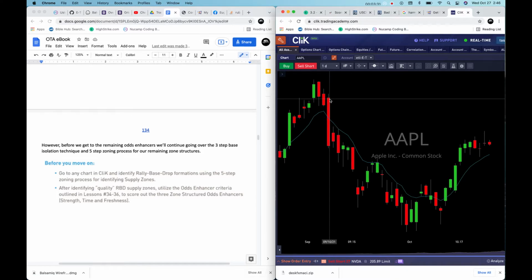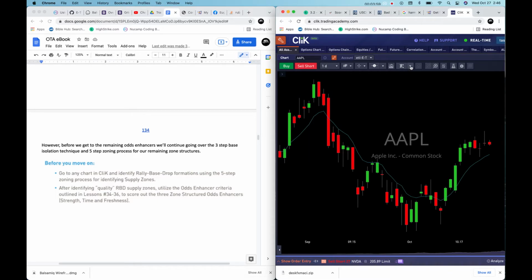Again, when you identify basing candles, you're going to be looking at a candle that closes in the range of the previous candle. This candle closes in the range of the previous candle. This candle closes outside the range but does not extend beyond the range of the base, so we come 1 candle over, and then we have our leg out candle here, which extends beyond the range of the base.